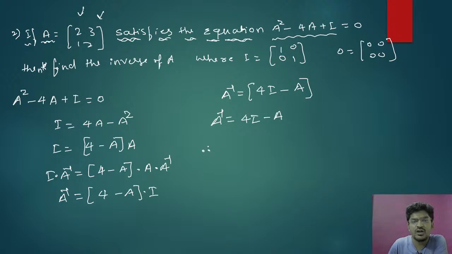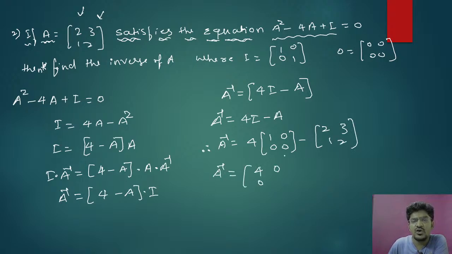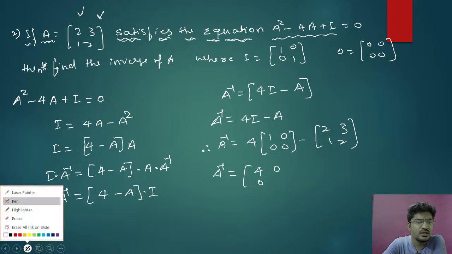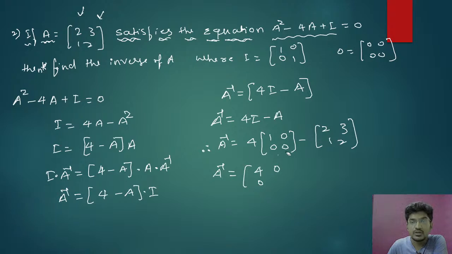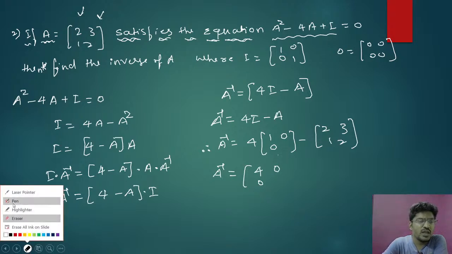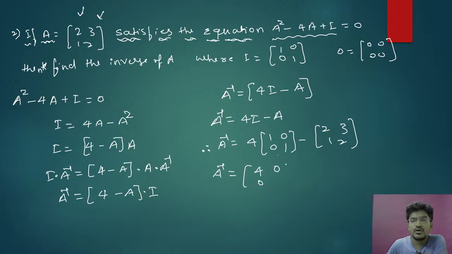So now write A as it is. A inverse equals 4 into what is I? The matrix 1 0 0 1, minus A. A is what? 2 3 1 2.